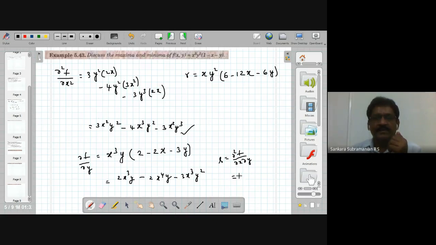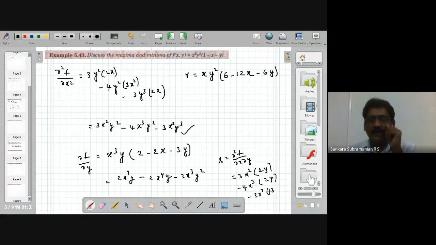So we get 3x square as constant, differentiating y square you get 2y, and minus 4x cube as constant, differentiating y square you get 2y, minus 3x square into differentiating y cube, you get 3y square.